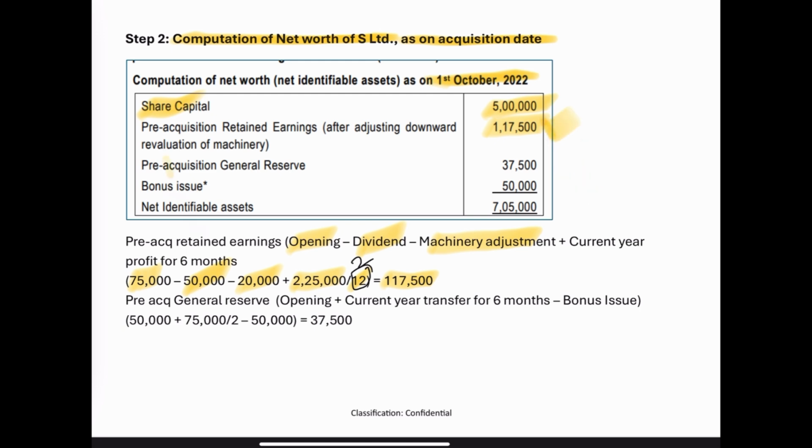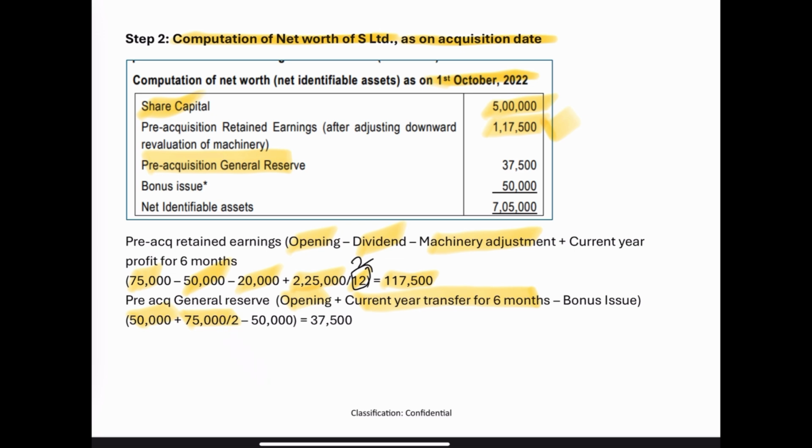Okay, so then next step is we'll have to compute the general reserve as on 1st October 2022. So you have the opening balance 50,000, and there is a current year transfer made for 6 months. So current year transfer made in this example is 75,000, and divided by 2 will give what is the transfer amount from 1st April to 30th September.